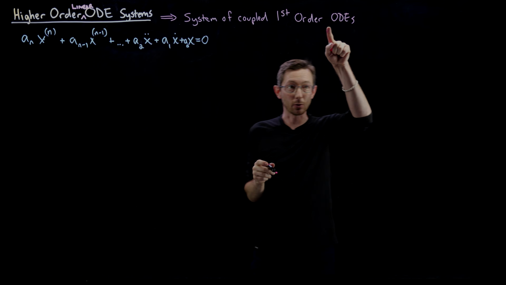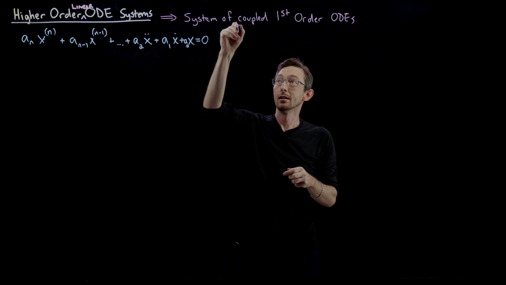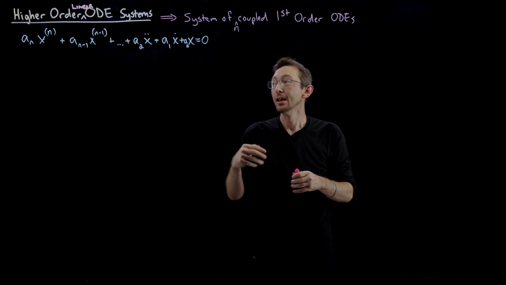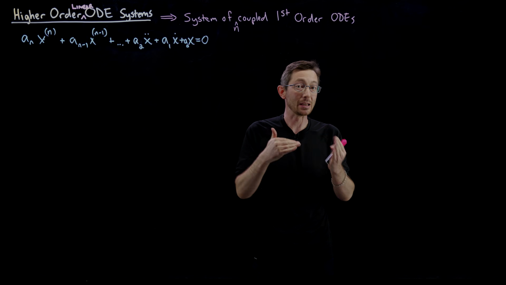And what I mean by first order is this is going to be a system of n coupled first order ODEs where each of those equations, each of those ODEs is only going to have first derivatives with respect to time.